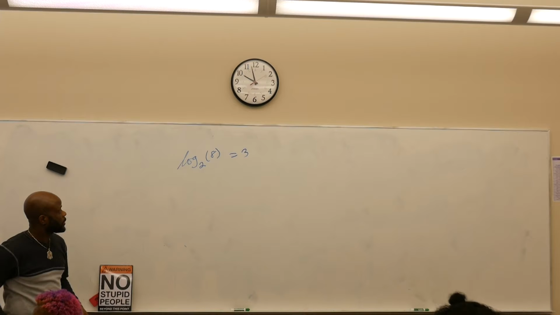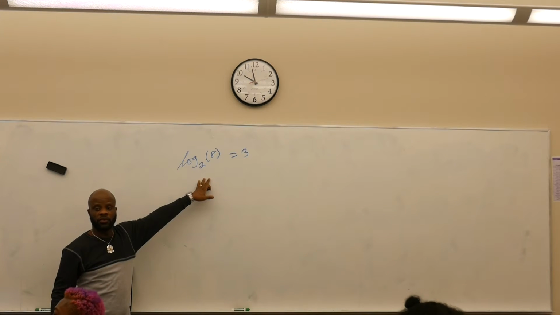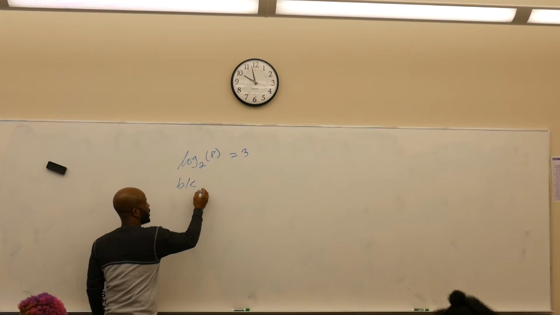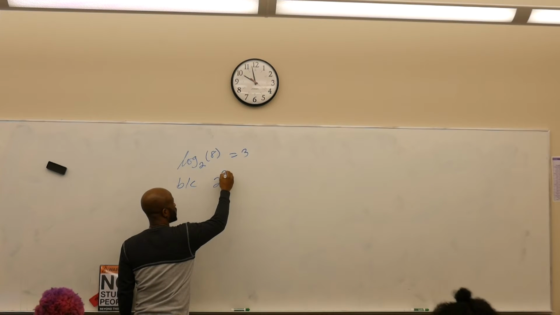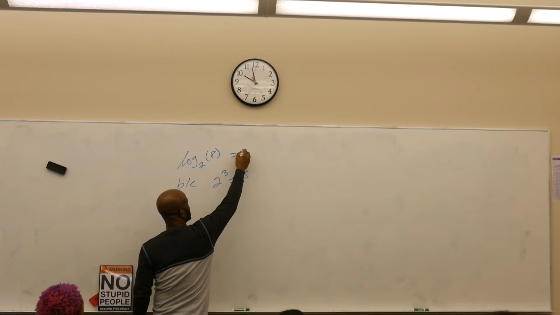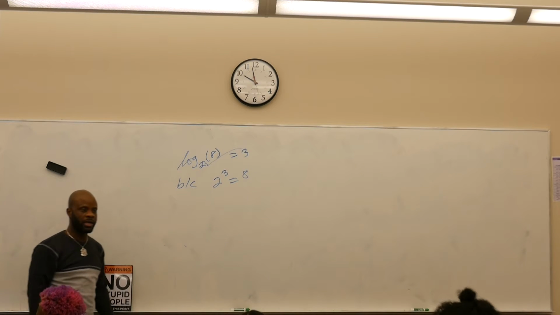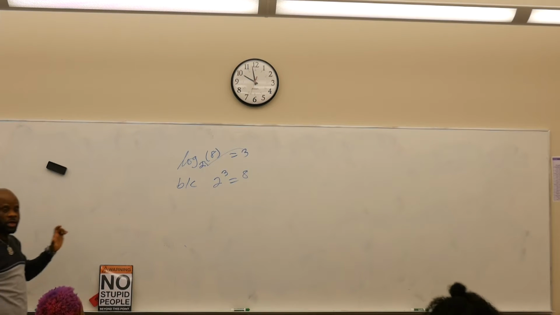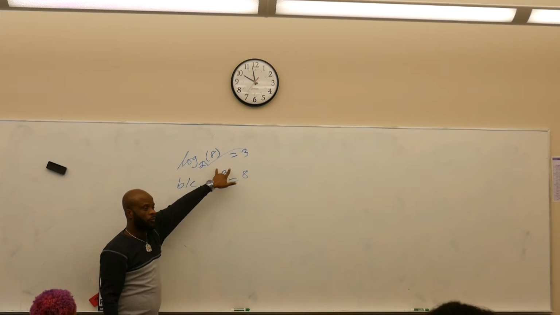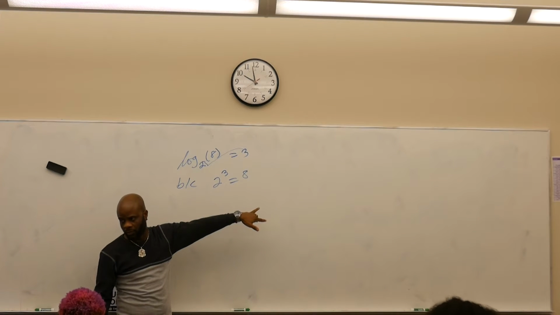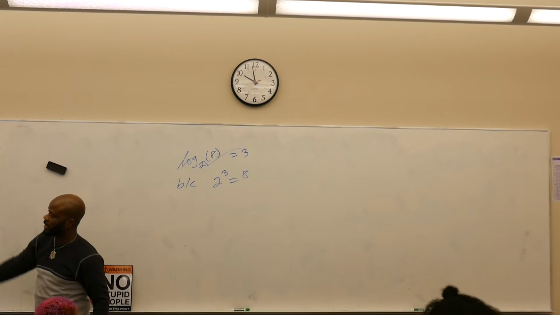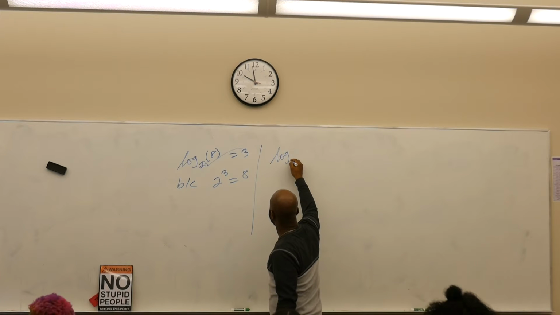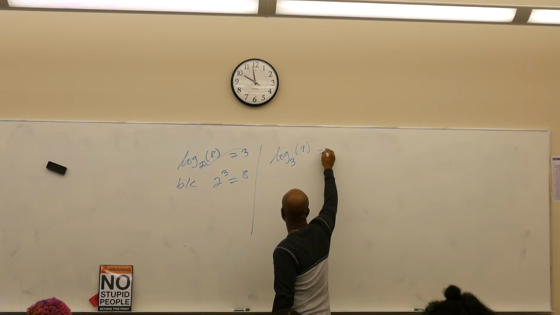This is correct, because 2 to the 3rd is 8. See how I'm writing it? I'm writing in exponential form now, and that's what we did yesterday. I want you to really look at this because I'll be asking you to go from log to exponential, exponential back to logarithm. So if I do the next one, they want you to determine log base 3 of 9, and this said that was 2.